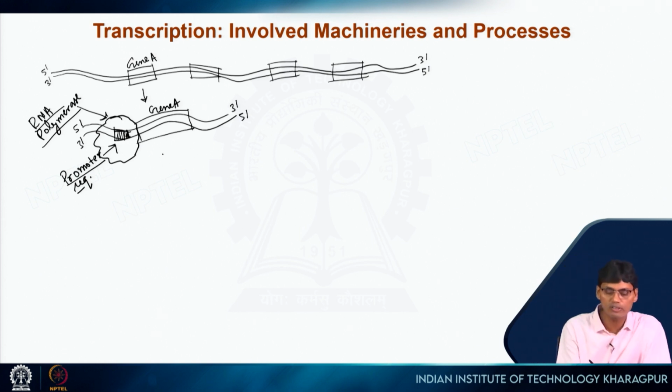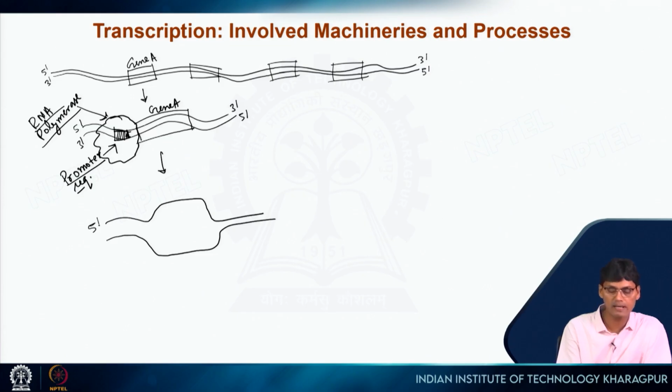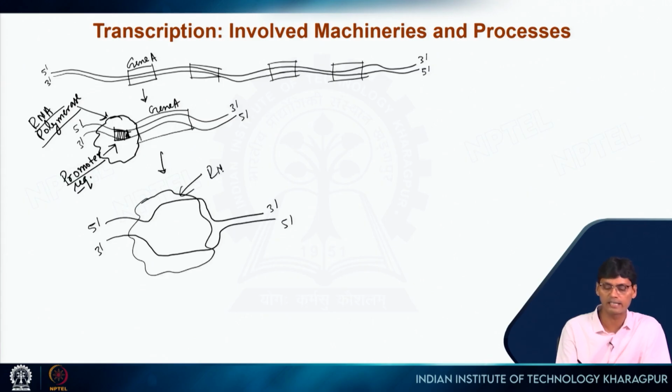If I go to the next step, it looks like this. This is 5 prime, this is 3 prime, and 3 prime, 5 prime. RNA polymerase is present somewhere here. This is our RNA polymerase.